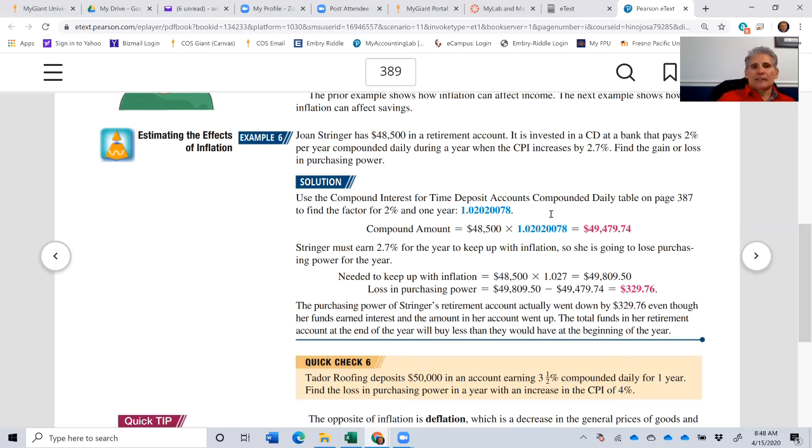Now, this is exactly like the previous example, with the difference that because we have a compounding interest element, rather than using the straight percentages, we're going to use the tables that we've had before. So go ahead and pause and try to solve, or continue with me.